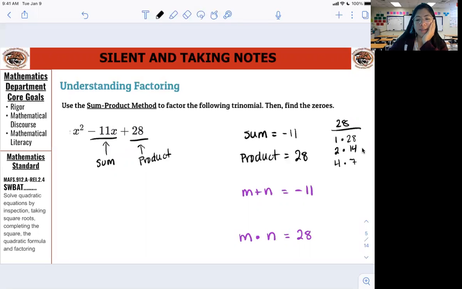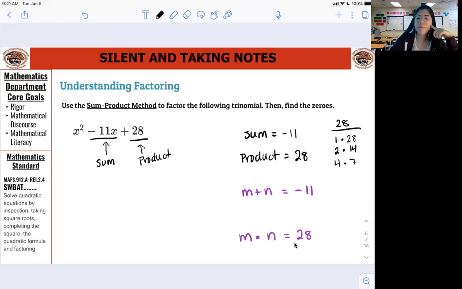So keep thinking. Ooh, okay, 7 and 4. -7 minus 4, yeah, that's -11. And then -7 times -4 gives me +28.